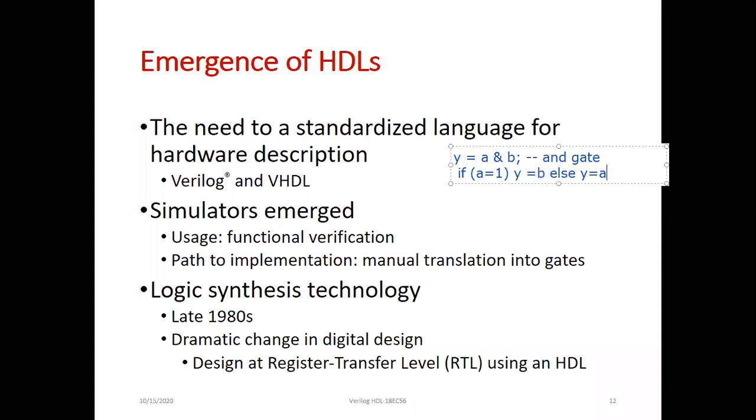That is very important. The system will think in one way and generate gates for your if statement, for statement or case statement. Later we will see these. The logic synthesis technology came in the late 1980s. We will see synthesis properly in the next class.